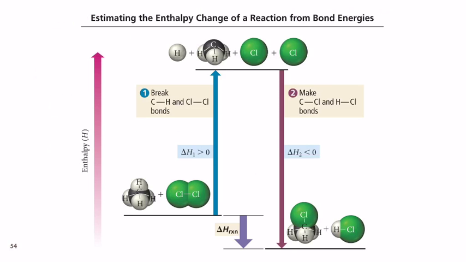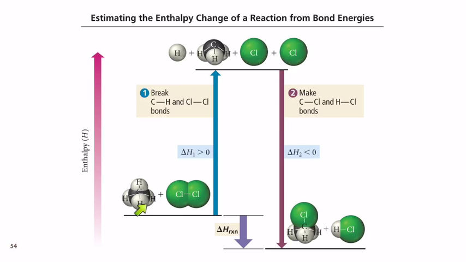Let's do an example. Oh, let's look at a picture first. This really is another application of Hess's law. So in this reaction, we're looking at methane reacting with chlorine.